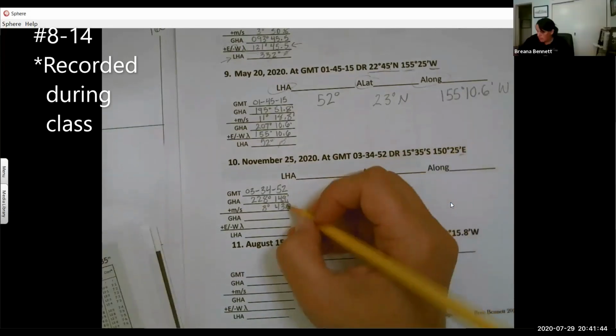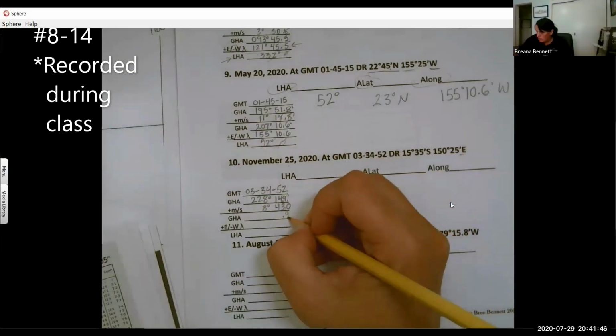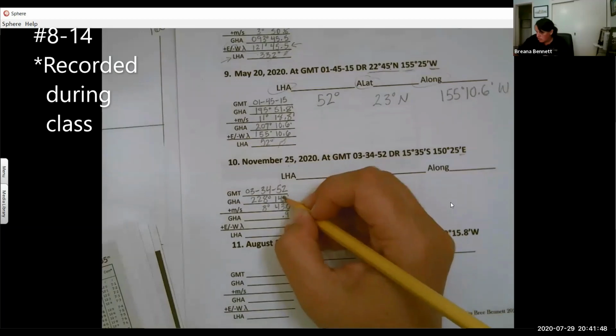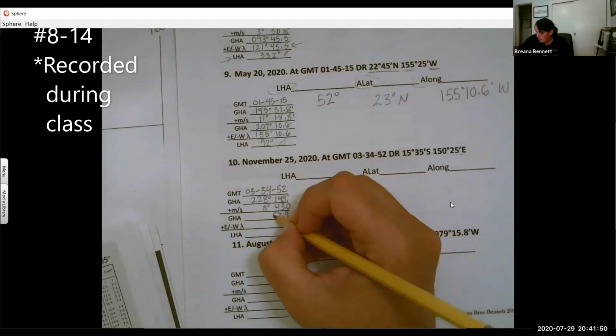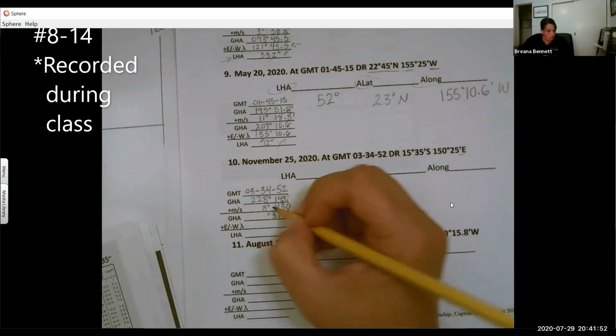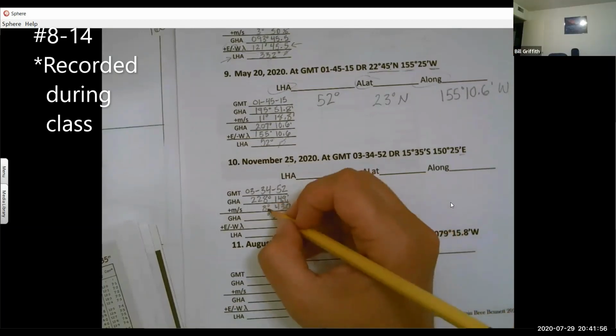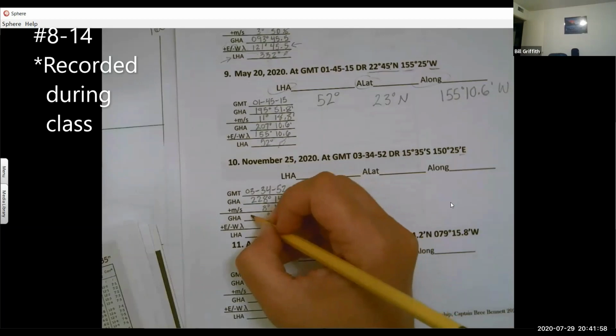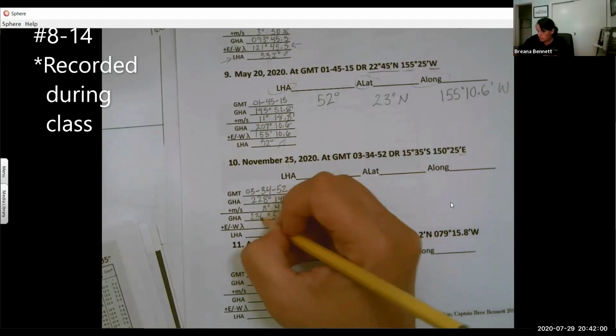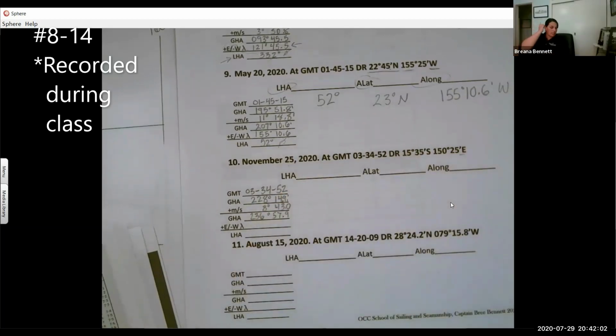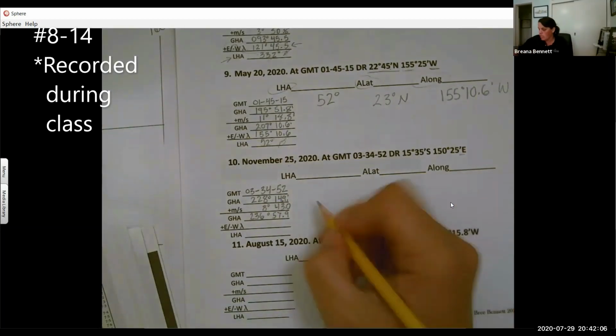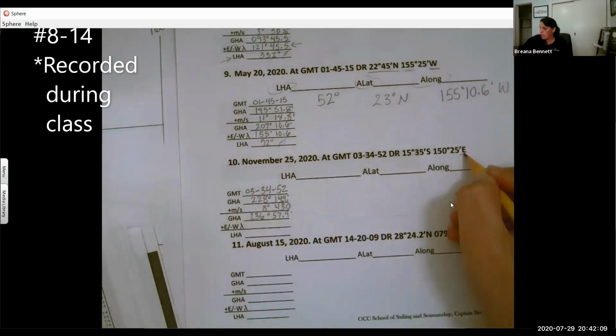We add those up, we get 236 degrees 57.9 minutes as our GHA. Now, because our longitude is east, we are going to be adding it.